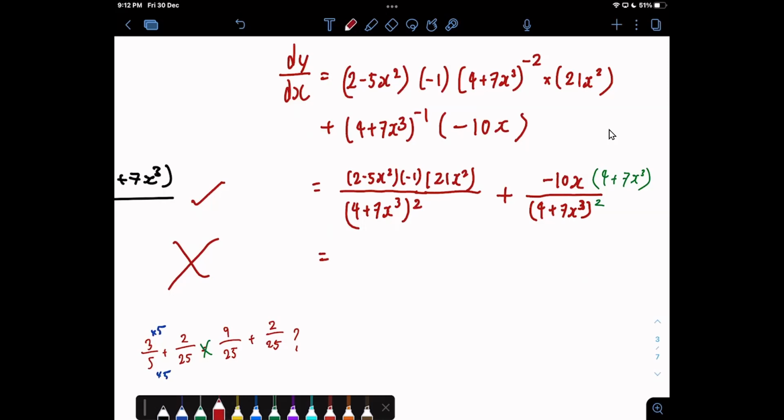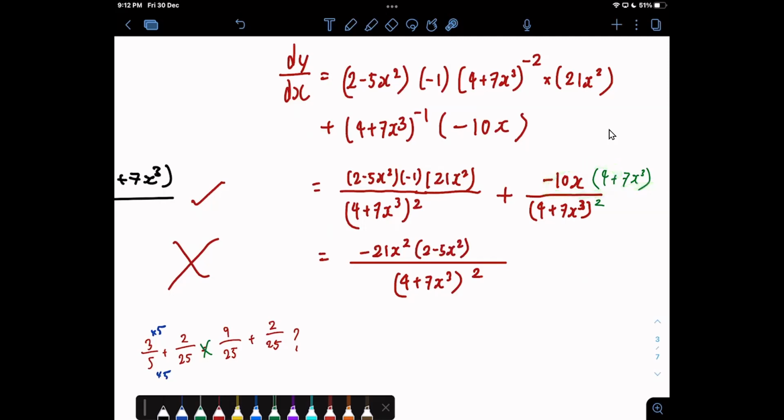Anyways, now that the denominator has that square, you can combine together into one single denominator, add everything on the numerator. For this part, we can clean up a bit. -1 times 21, -21x squared, bracket 2 minus 5x squared. I won't expand it, I'll do it later.